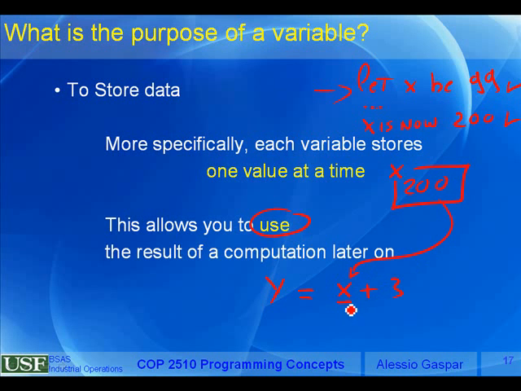So writing x plus 3 really boils down to writing 200 plus 3. What is the value of 200 plus 3? 203. This is now the new value for variable y. So somewhere I have variable y, and it now contains 203. This is very basic stuff.